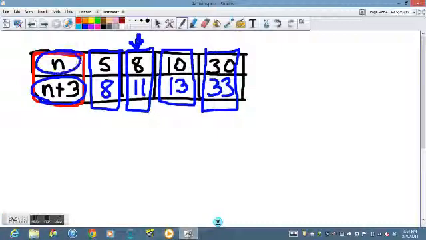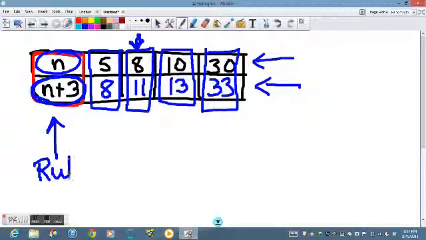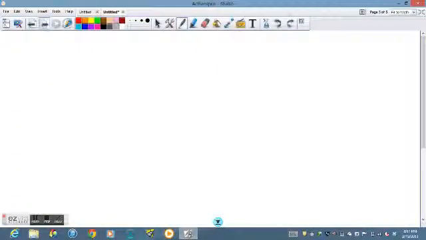Every time, the top number is the n, and the number underneath it is whatever the top number is, plus 3 more. So the number at the bottom is always 3 more than the number at the top. Now this is called the rule. We always go by the same rule for all of the columns, for all the numbers.